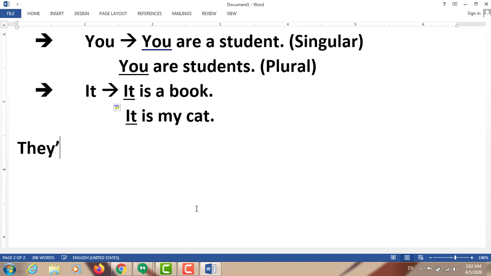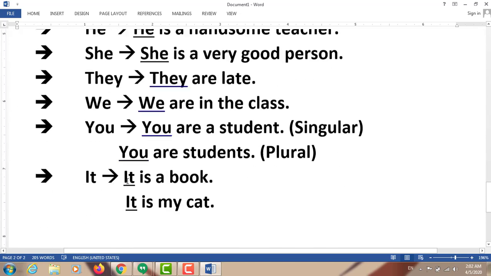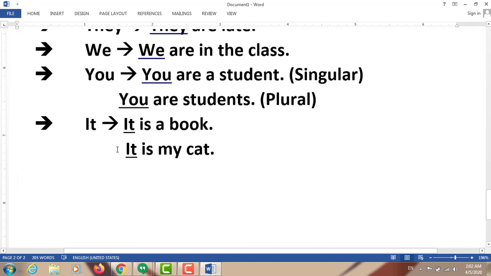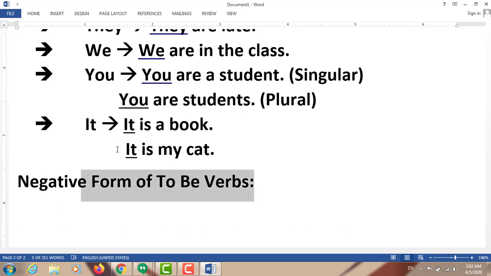Okay, now let's go to the negative form. Okay, so these are all, as I told you, positive sentences. The negative form is like this. Negative form of the to be verb.